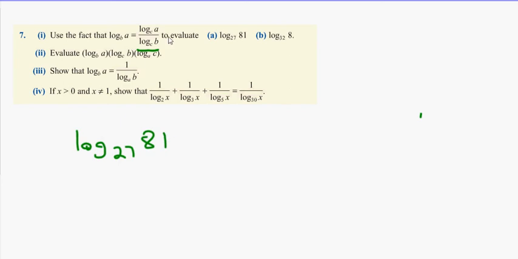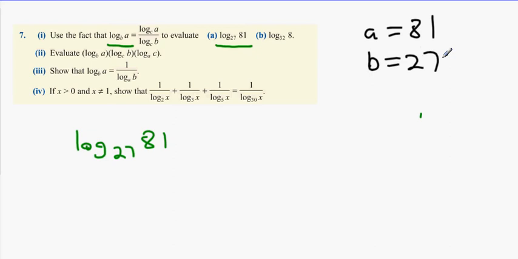Let's match it up. Match up this part here to this part here. Which number is A? 81. Which one's B? 27. The problem here is your choice of C. What would be a good choice for C?